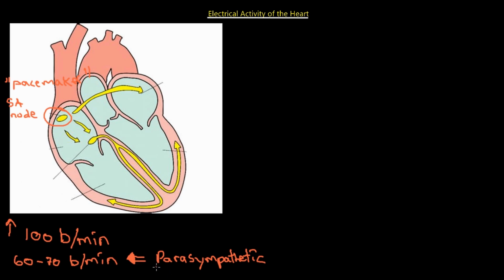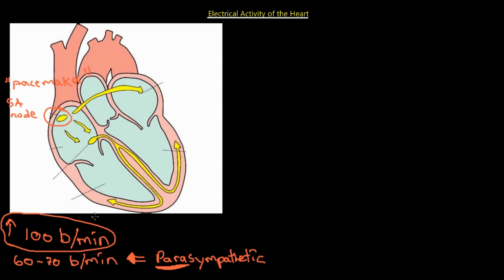But when you're resting, you would have the parasympathetic response, which is going to promote digest and rest, so to speak. And for that, you don't need your heart to be racing. So you're going to have parasympathetic input all the time while you're resting to keep it down, because the regular heartbeat without any stimuli from the brain is going to be 100 beats per minute.